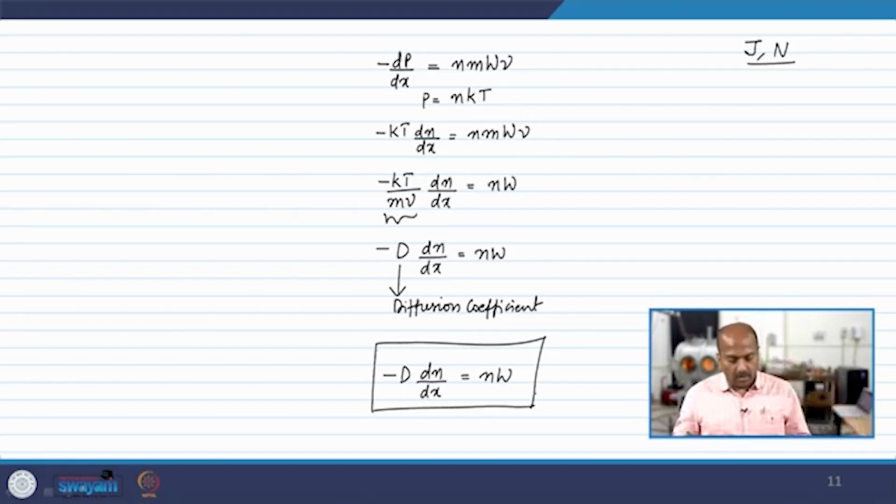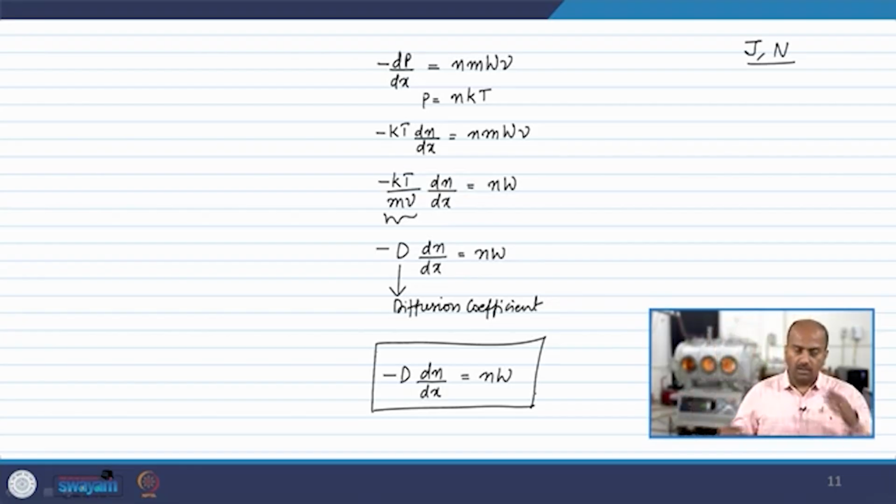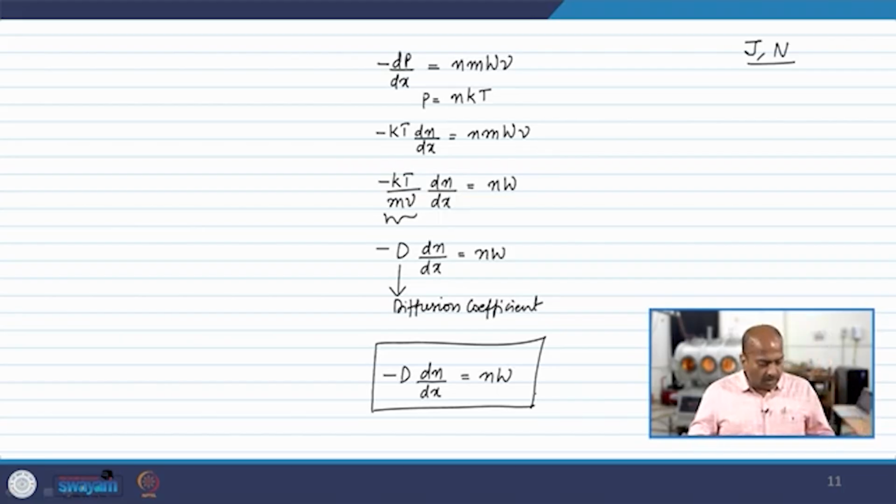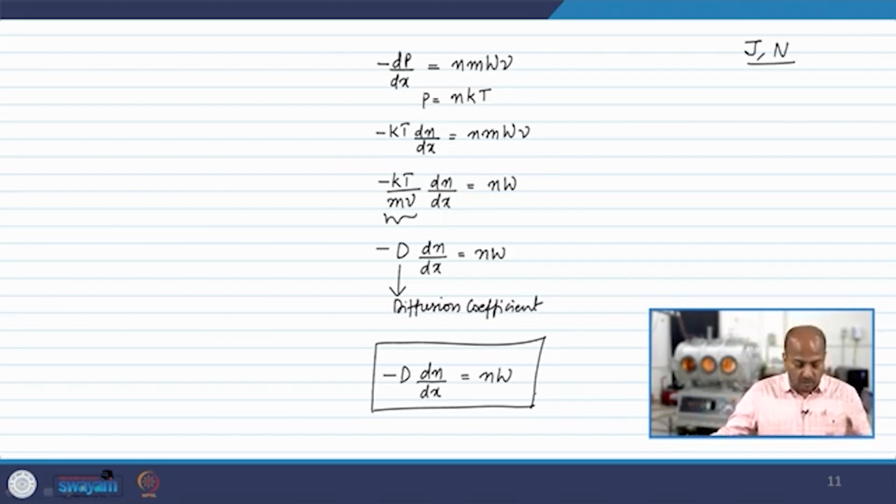This is valid as long as we do not have any gravity field and the concentration gradient is only along the x direction, right. So, let us say we include the gravity field in the y direction, the vertical direction. Now we are looking in the vertical direction and we will also include the gravitational force, which acts as an additional force in addition to the collisional and the pressure gradient force.